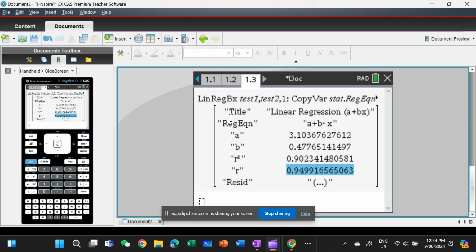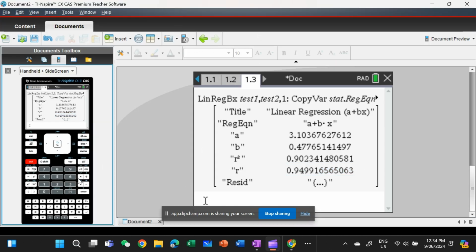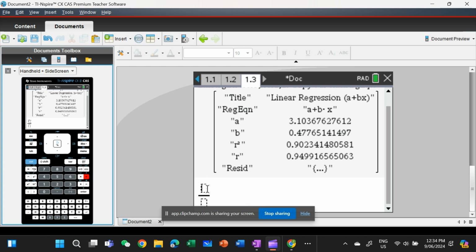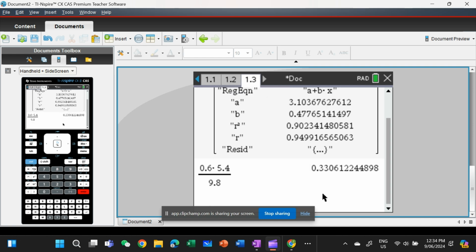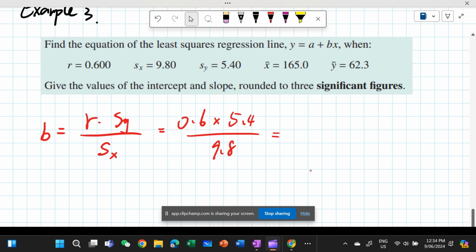So we're going to the CAS here, so we can do control divide. So 0.6 times 5.4 divided by 9.8 equals 0.331. So approximately 0.331. Three significant figures is pretty much enough.